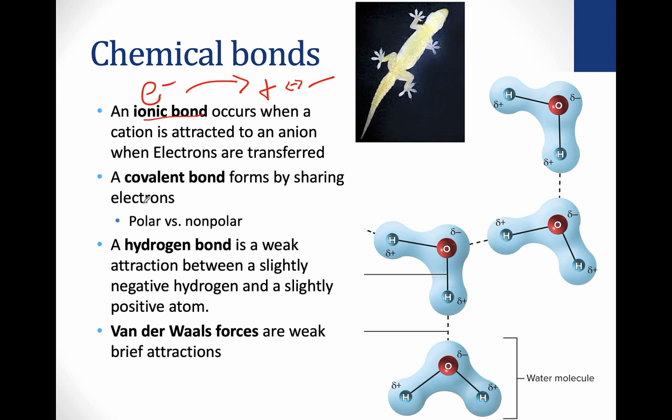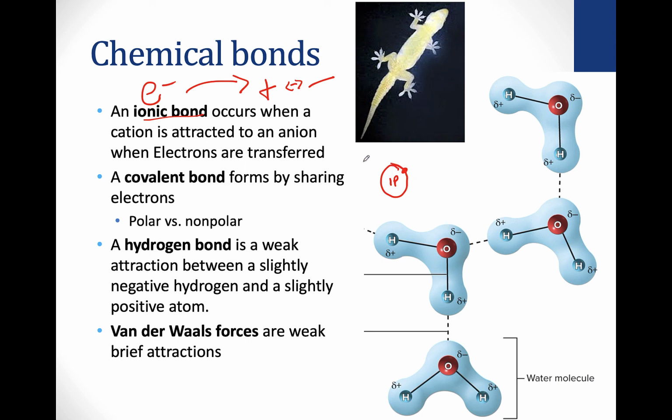A covalent bond forms when two atoms are going to share an electron instead of transferring them. So this happens in hydrogen. So here's a hydrogen. It's got one proton and one electron.